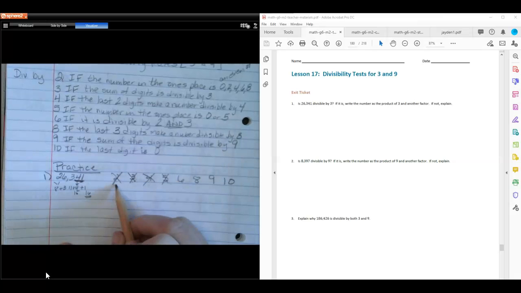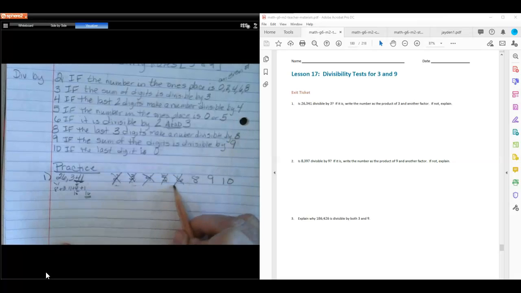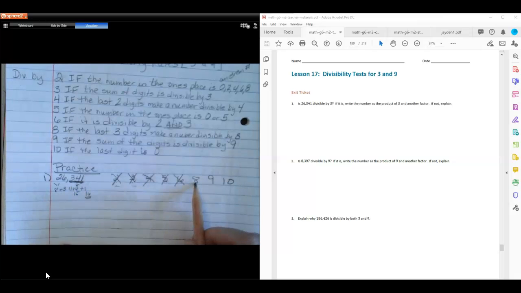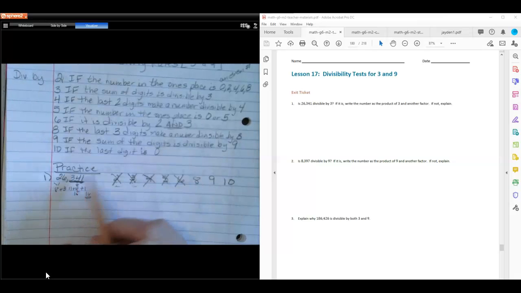6, the rule says you have to be able to divide it by 2 and 3. Well, they're both crossed off, so boom, no. 8 says you have to look at the last 3 digits. Can I divide this number by 8? Well, 8 goes into 34 4 times.